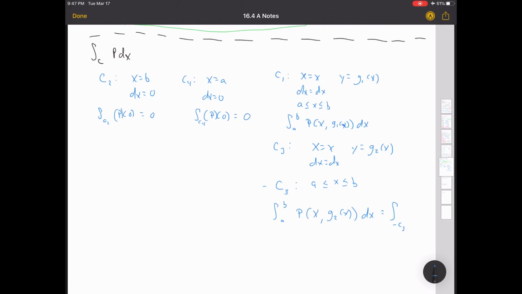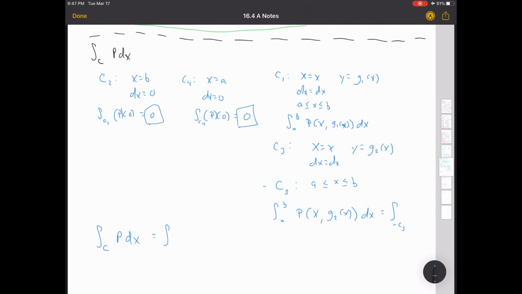So my entire integral over C of P dx is going to be the integral, because I have to add these things up. These two things here are 0. They don't give us anything, but I have to add the C1 and the C3 part up.